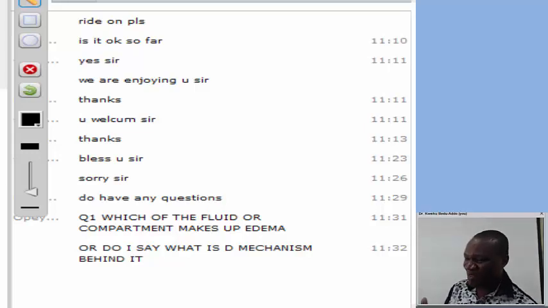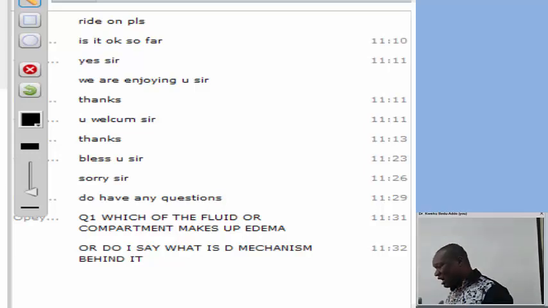Now, when conditions are better, when you are moving about, when the skeletal pump is working, blood will be moved in the venous system so that there wouldn't be excess filtration.